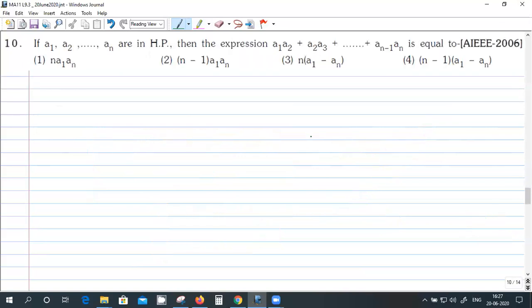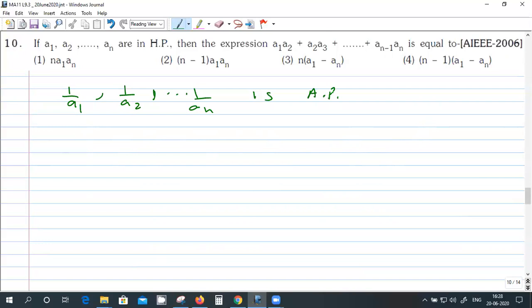Whenever there is something in HP, you just have to convert to AP. So how do you convert to AP? Because AP is easy to handle. Sir, it is HP, so it will be 1 upon A1, 1 upon A2, so on up to 1 upon AN is AP.